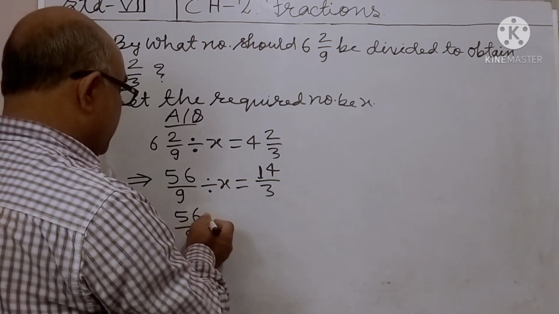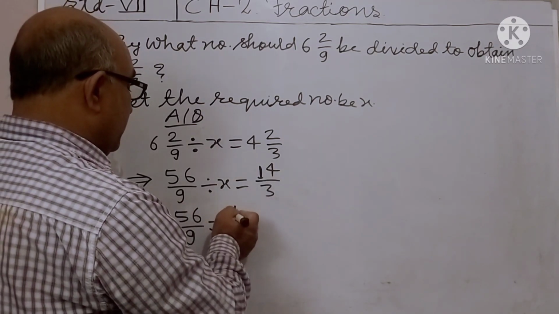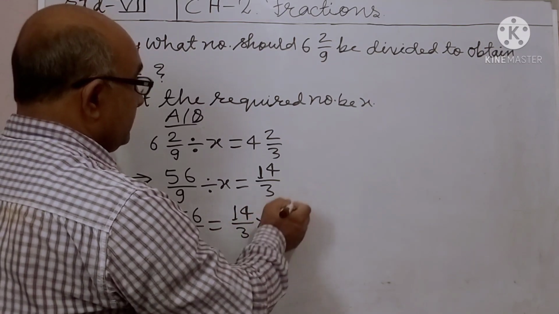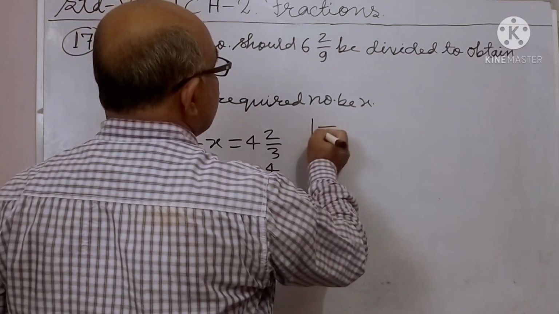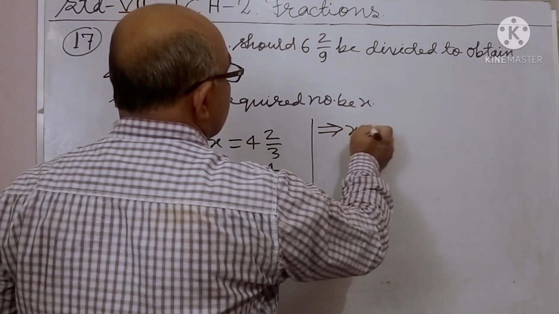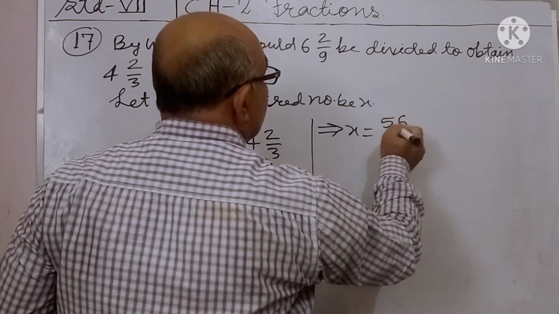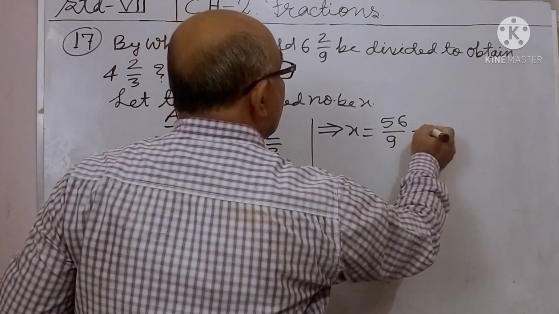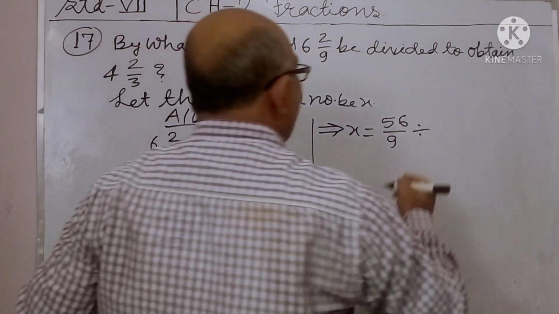56 by 9 divided by x. By transposition, it changes into multiply. So 14 by 3 into x. Now the next step is that implies x equal to 56 by 9 divided by 14 by 3. By transposition it changes into divide.